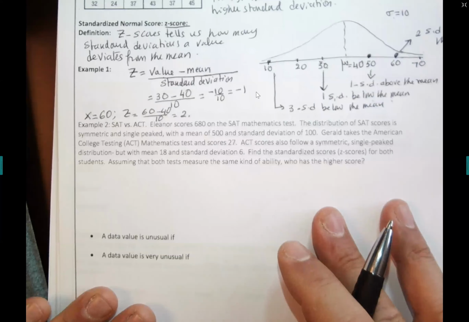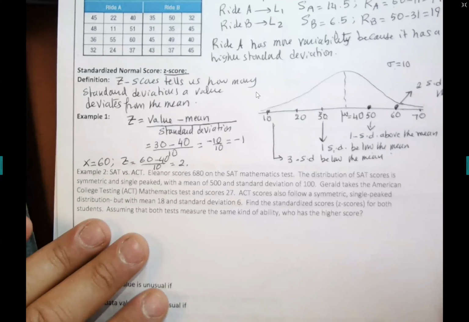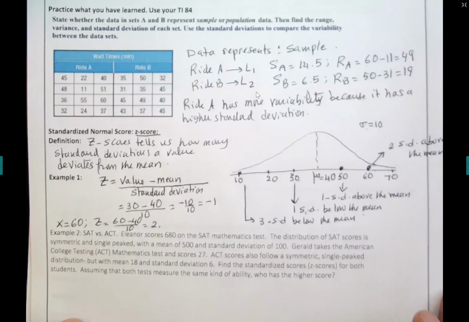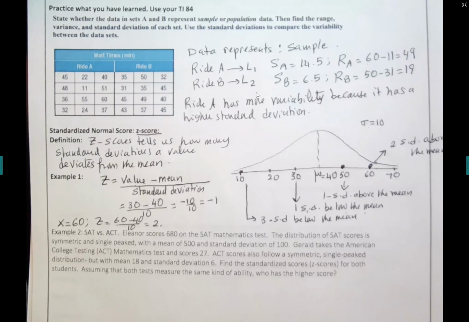So I want to do another application of the z-score. Before I do it, if I tell a student next week that your z-score on the test was 2.7, should the student be happy?